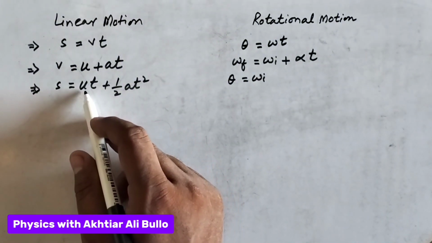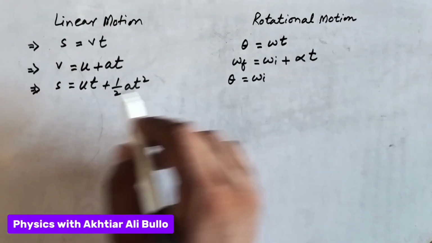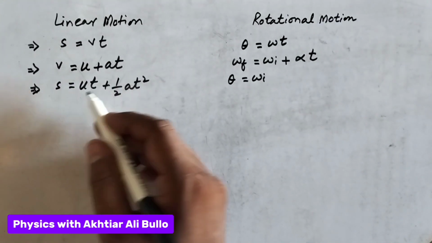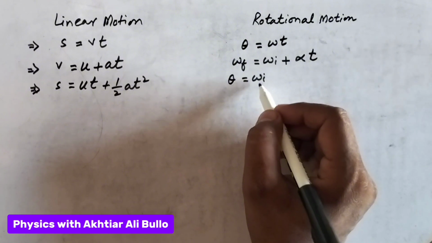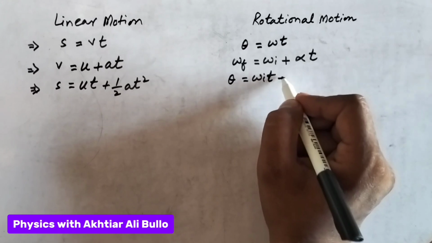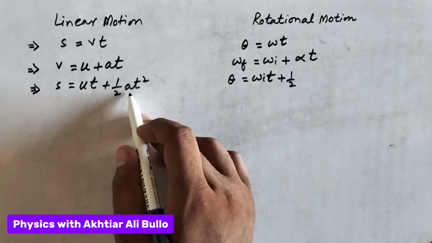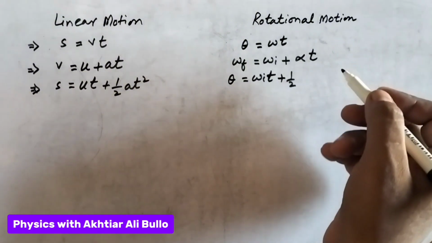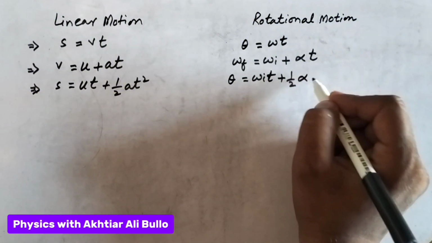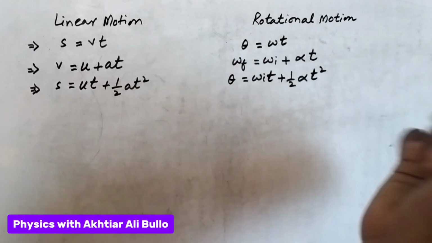Here u stands for initial velocity, so here initial linear velocity. So in rotational motion it will be initial angular velocity omega i into t plus 1 upon 2. Here a is linear acceleration, so in rotational motion it will be angular acceleration alpha. So t square will remain the same.